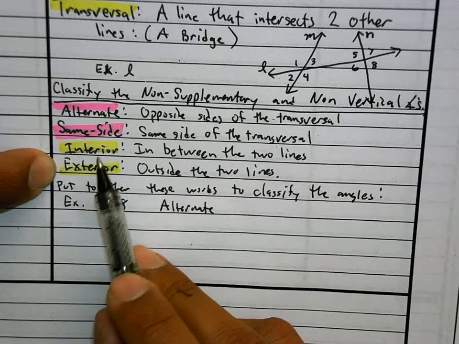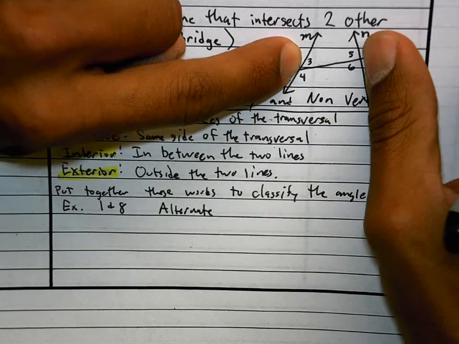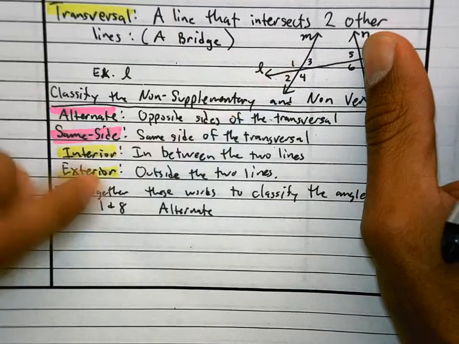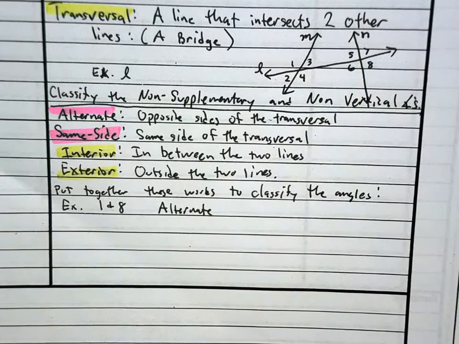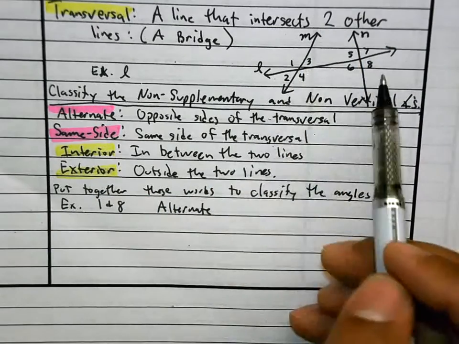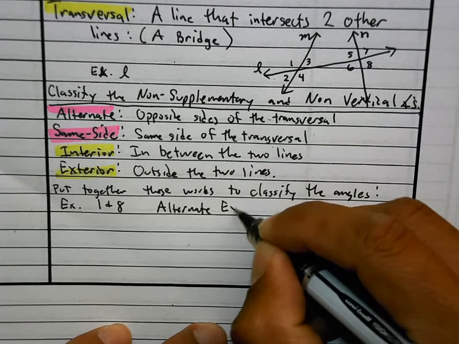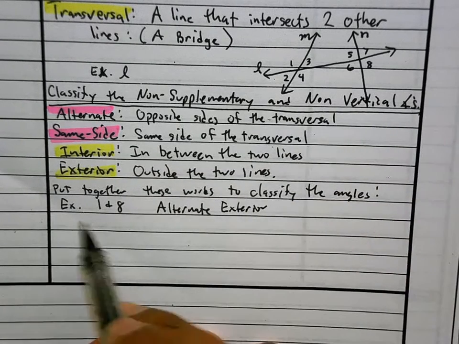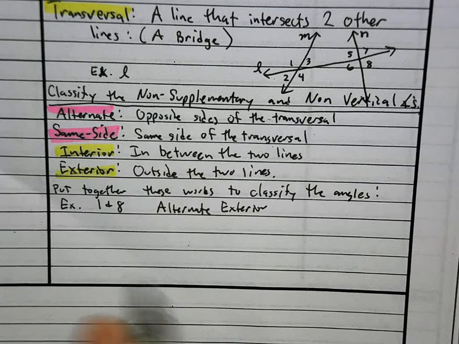Interior means in between the two lines. Exterior means you're on the outside of the two lines. 1 and 8: interior or exterior? Exterior. So this is how you would classify angles 1 and 8. They are called alternate exterior angles. Make sense?